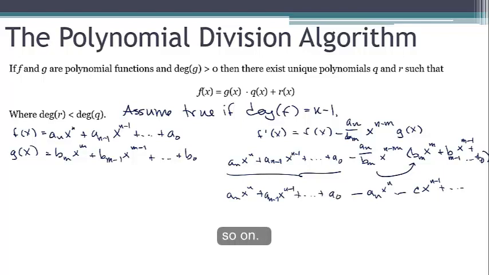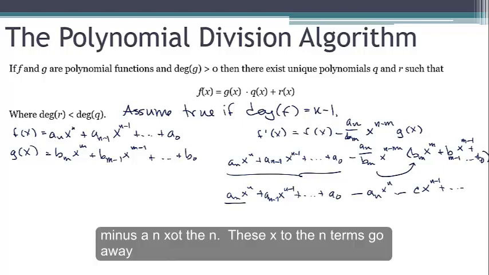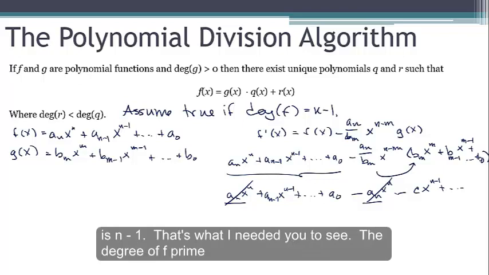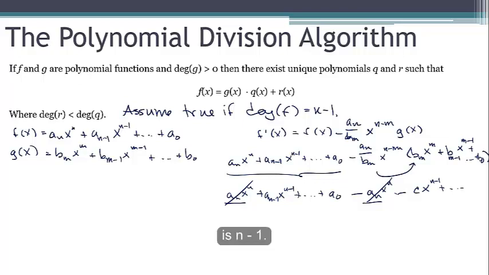Now look at what happens. I have a sub n x to the n minus a sub n x to the n. These x to the n terms go away. And all that's left is a polynomial whose biggest term, whose biggest exponent, is n minus 1. That's what I needed you to see. The degree of f prime is n minus 1.